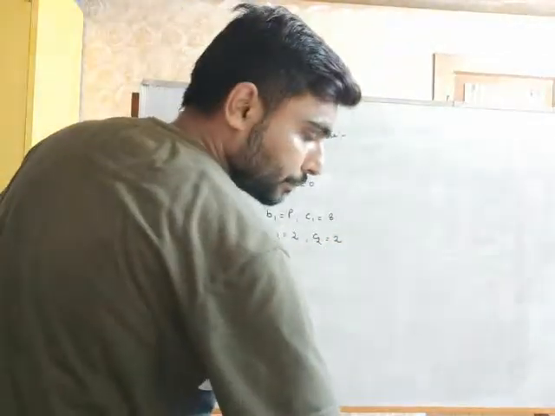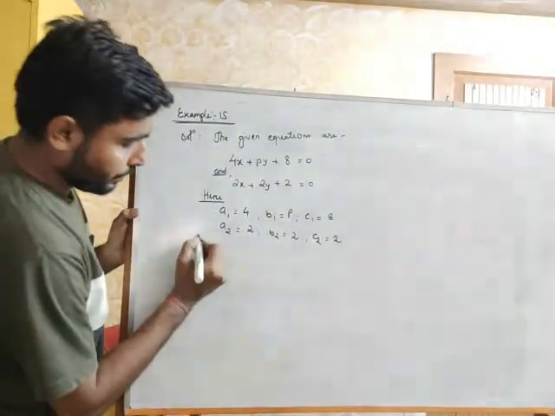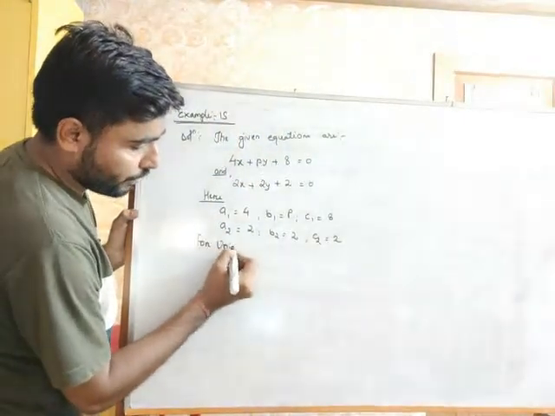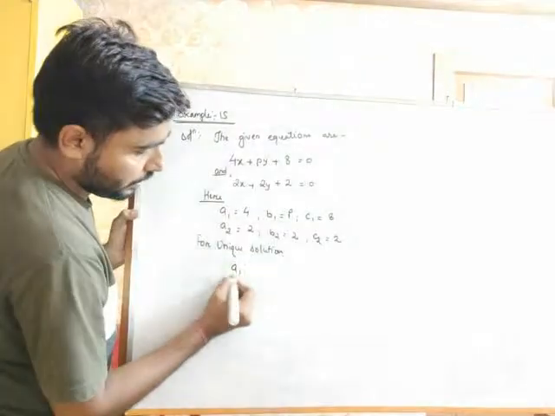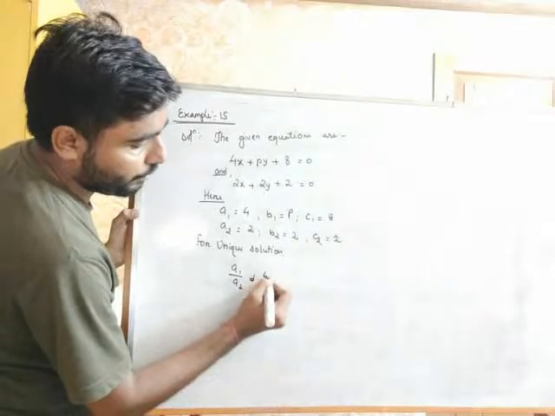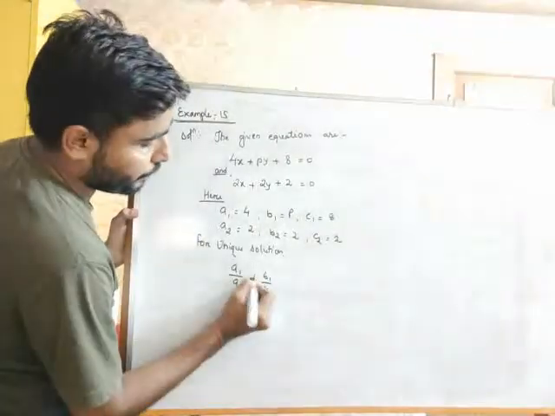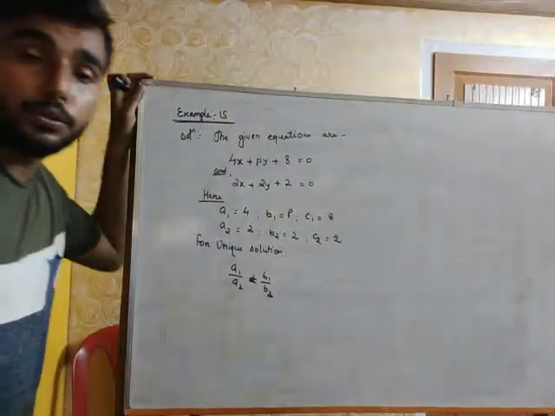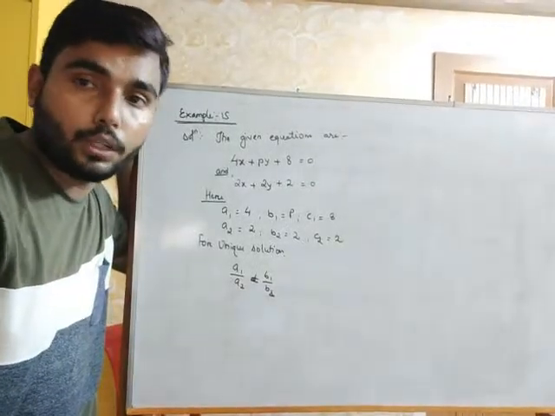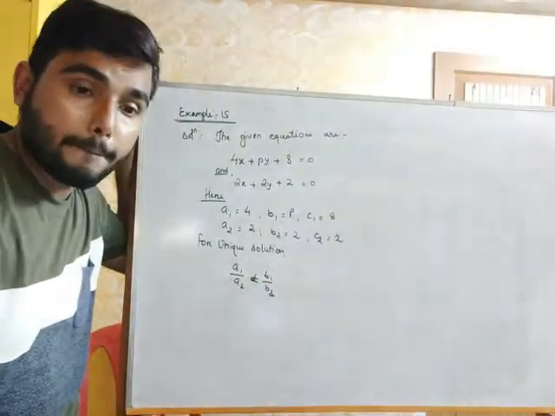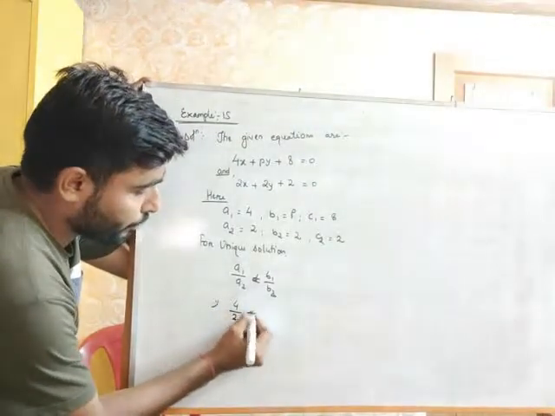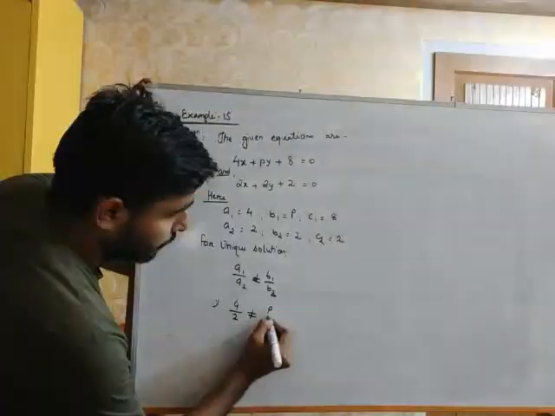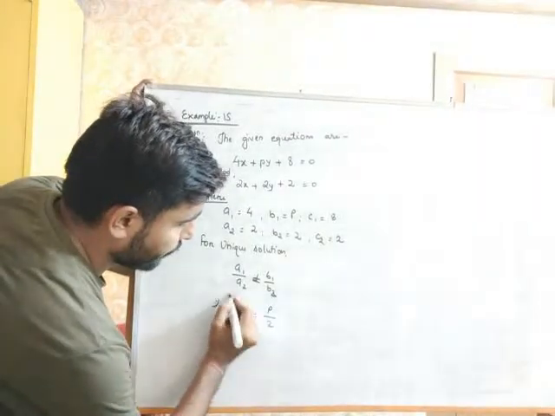Is it clear? So now we all know for unique solution the condition is a1 by a2 is not equal to b1 by b2. Is it or not? So the condition should be what? a1 by a2 is not equal to b1 by b2. So what is a1 here? 4. 4 by 2 is not equal to p by 2. 1 time, 2 time.